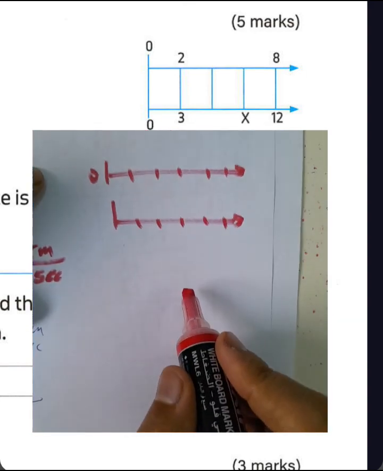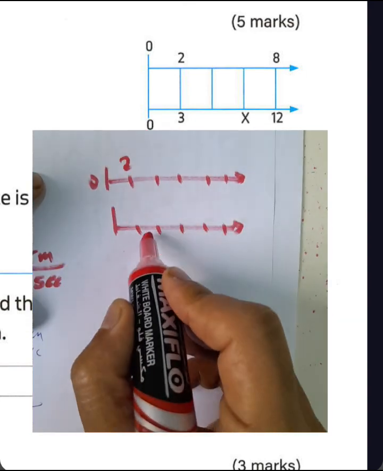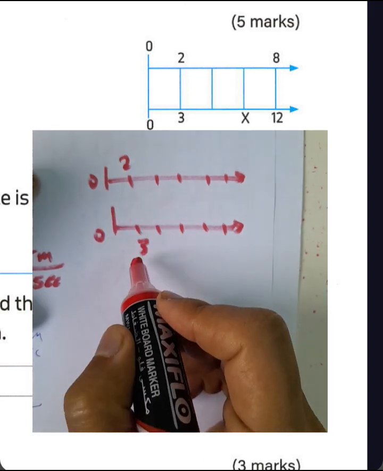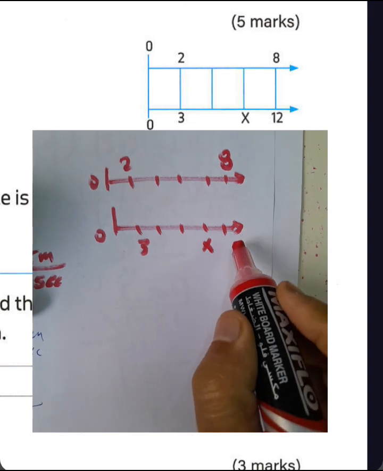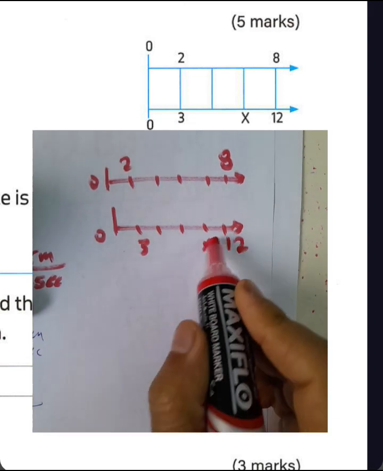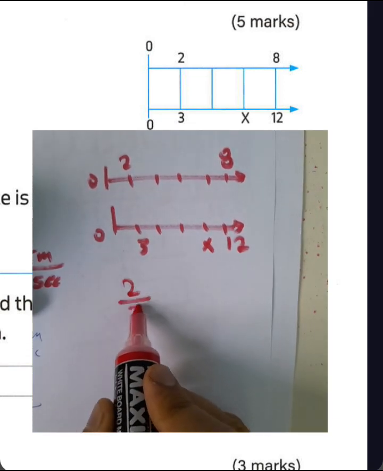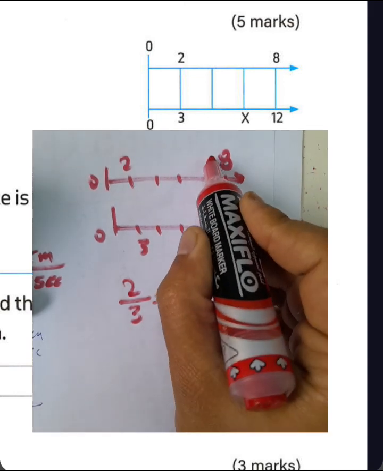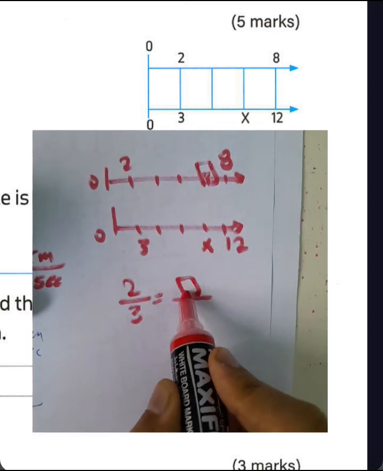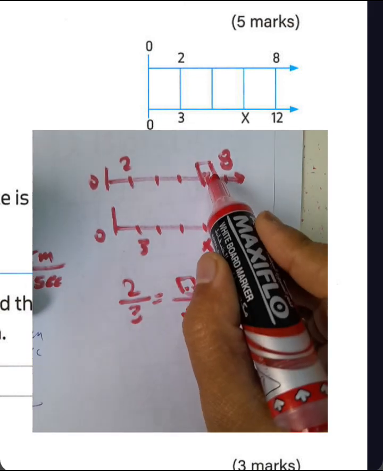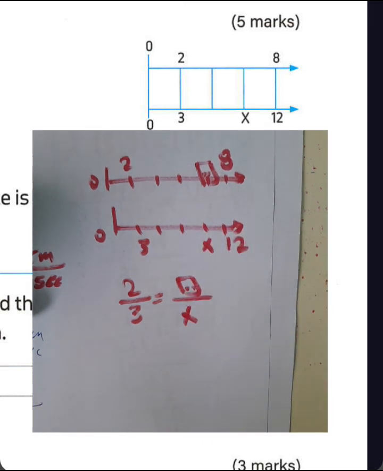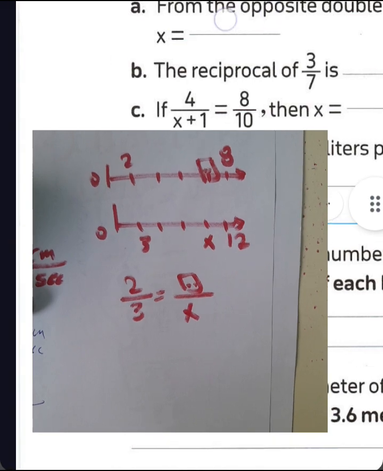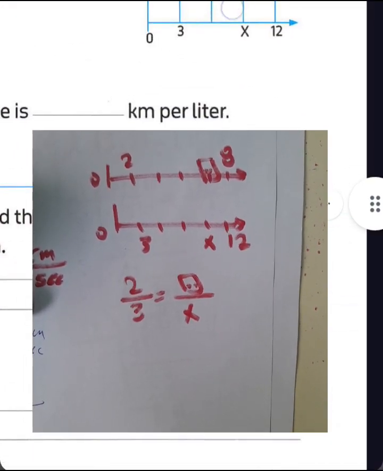He gives us the ratio between two numbers, 2 and 3, and we have x here, and we have 8 and 12. To find the value of x, you can write the ratio 2 over 3 equals this number over x. We want to find the value of this number, x.